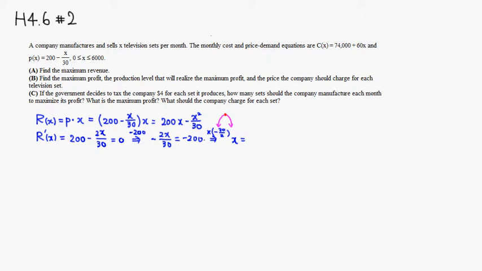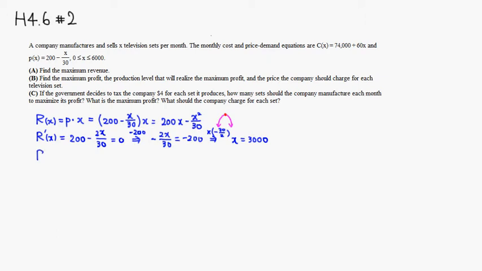Negative 200 times negative 30 over 2: the 2 and 200 cancel to 100, times 30, so it's 3,000. So maximum revenue is going to occur when x equals 3,000. Let's plug that in.